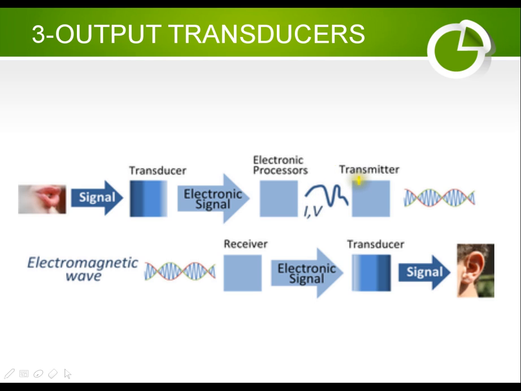And there is a transmitter, and these are the electromagnetic waves, using amplitude modulation. Then there is a receiver, and in your case it receives this and converts it into electronic signals, and then transducers, maybe your speaker, and then it's your ear which receives the signal.